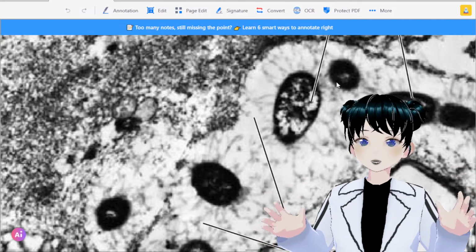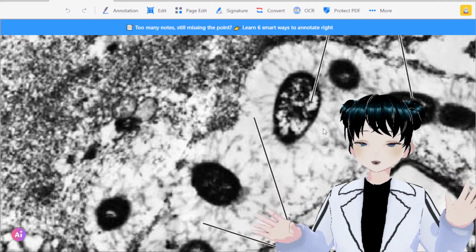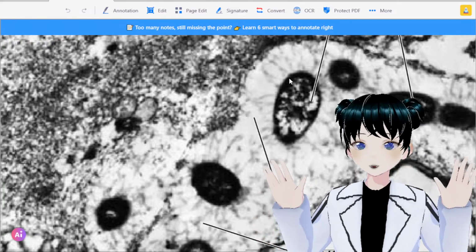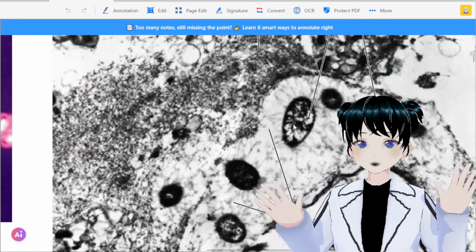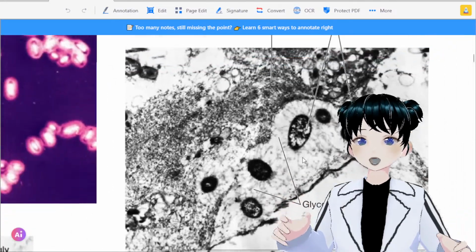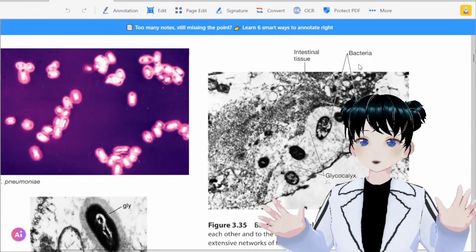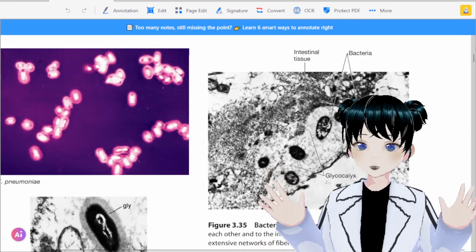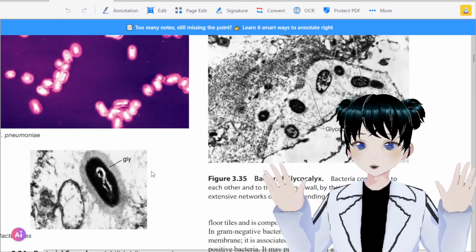I'm sure you cannot see the zigzag or the distortion around it. This is actually the capsule, but it is not that clearly visible. Let's forget it. So these are intestinal tissues, these are bacteria, and there is a glycocalyx, meaning the outer layer around it. Here you can see it clearly.